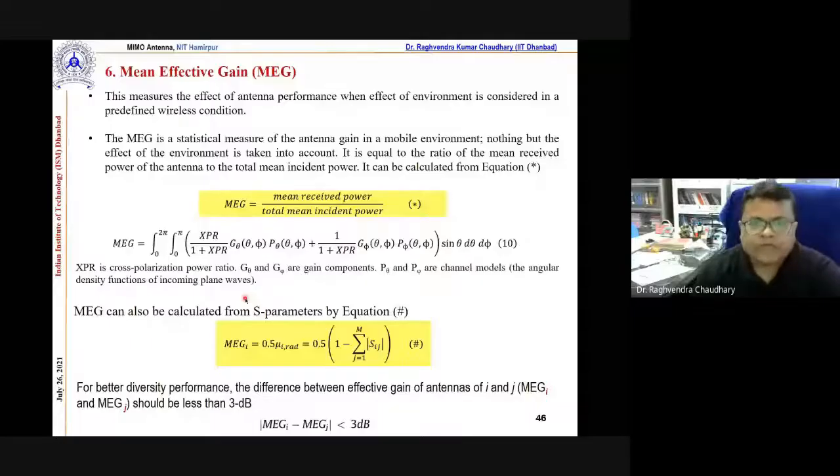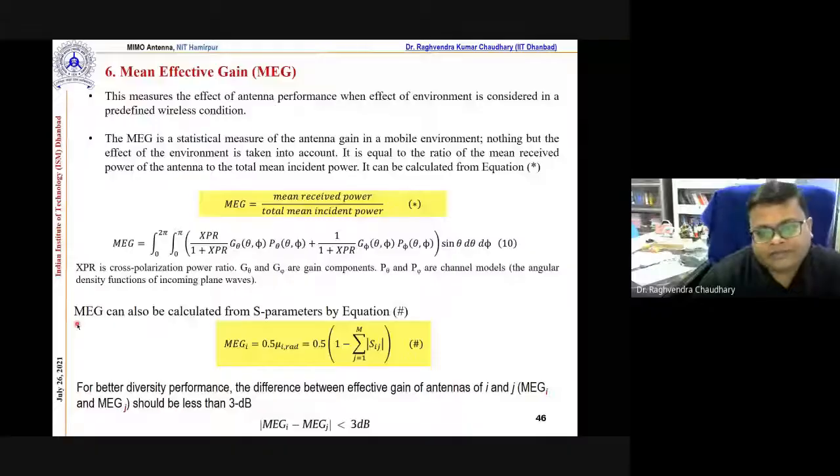And the last is the mean effective gain. Mean effective gain is the mean received power divided by the total mean incident power. This is what we call the mean effective gain. It measures the effect on the antenna when the effect of the environment is considered in predefined wireless conditions. So this is the statistical measure of gain in a mobile environment.